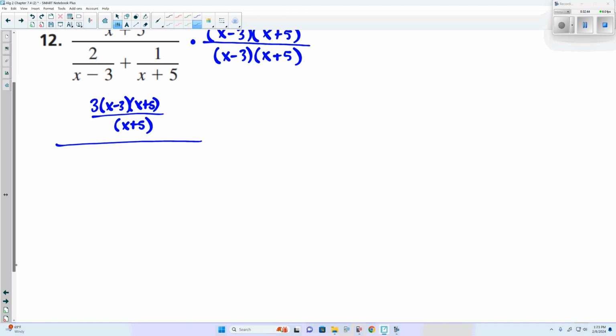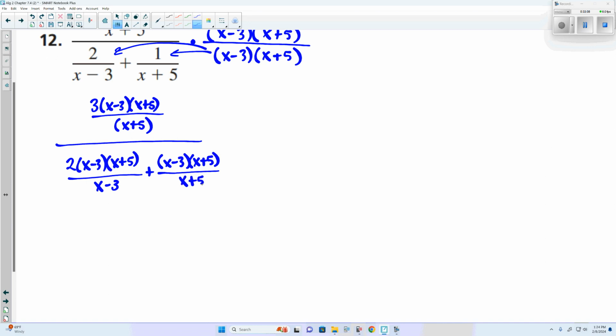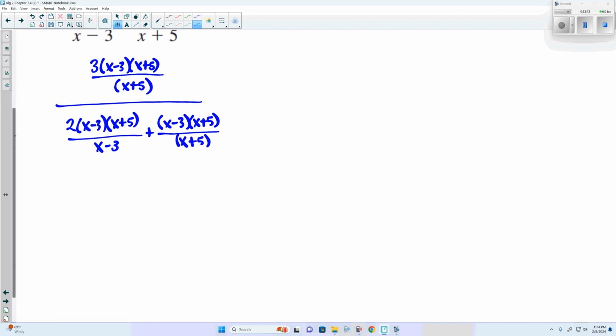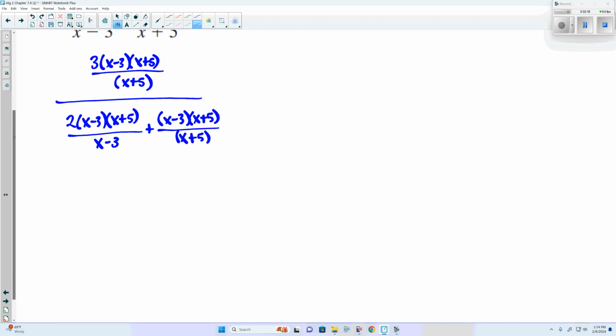And in the denominator, we do it again: 2 times x minus 3 times x plus 5 over x minus 3, plus 1 times x minus 3 times x plus 5, which is x minus 3 times x plus 5 over x plus 5. Questions on how we got to this point here?